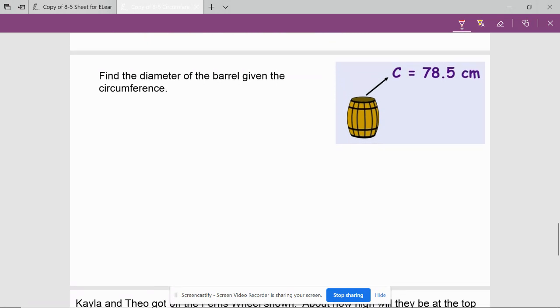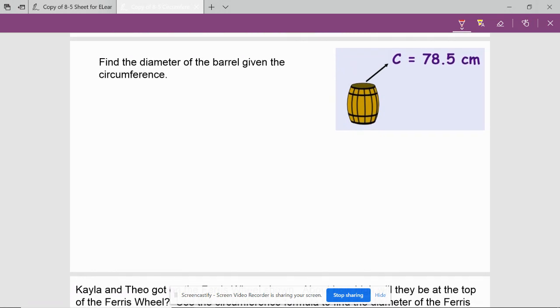which is with a barrel. It wants us to find the diameter of the barrel given the circumference. So now we know the circumference, and we need to know the diameter. So we're still going to use our circumference equals pi times diameter. So let's fill in our numbers. We know our circumference is 78.5. So 78.5 equals pi times diameter. Okay, we really don't have an exact number here because we're not multiplying anything.